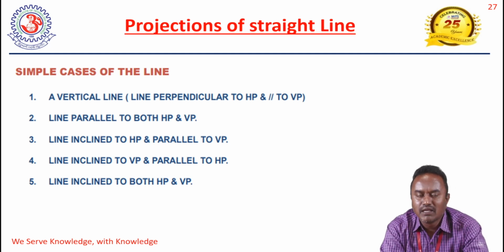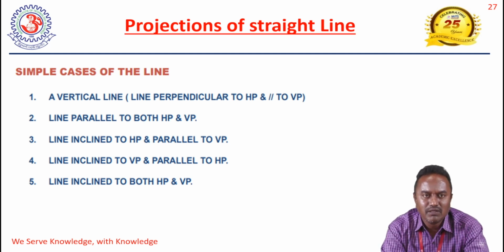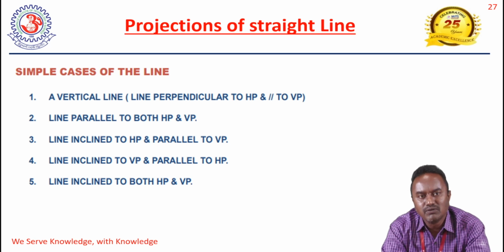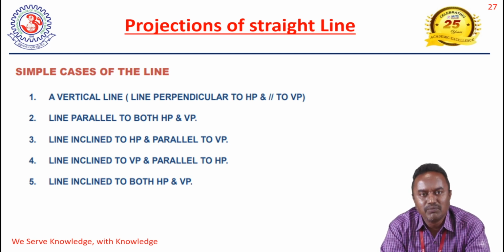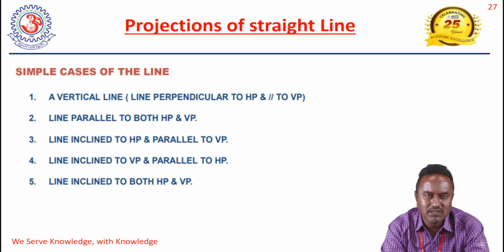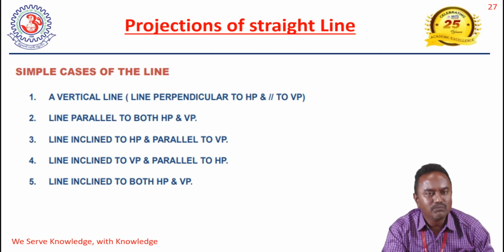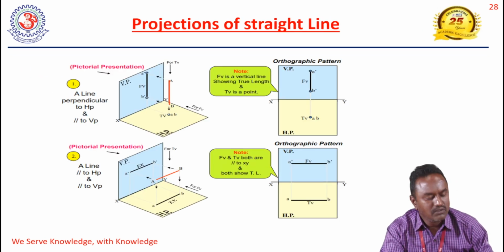Then a line inclined to HP and parallel to VP, then a line inclined to VP and parallel to HP, and a line inclined to both HP and VP. The last case is very important from the exam point of view. But anyway, we need to know all these simple cases, then only can we solve the problem in the case of a line inclined to both HP and VP. So let us see them one by one.